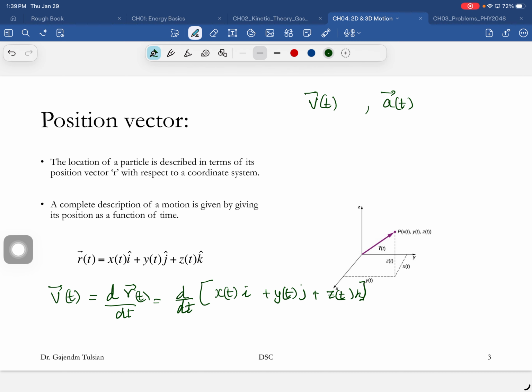So it's the time derivative of this: d by dt of x(t) i, plus d by dt of y(t) j, plus d by dt of z(t) k.